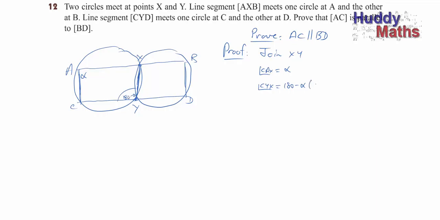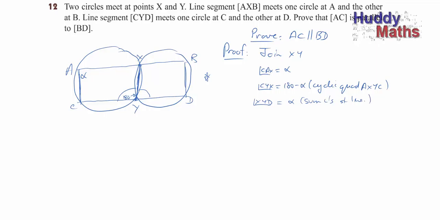Opposite angles are supplementary. Let's go to angle XYD now. We can come in here. Angle XYD, just moving up the figure towards this end a little bit here. That is equal to alpha, angles on a straight line.